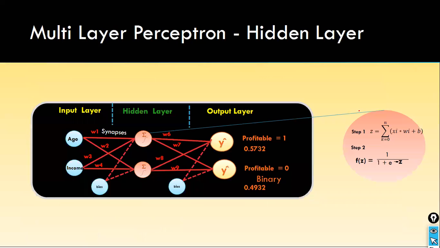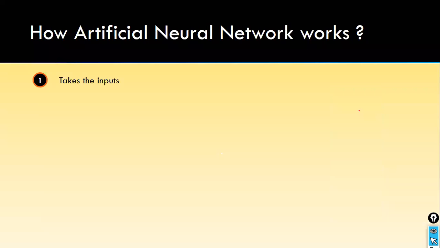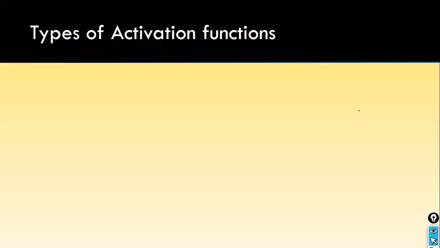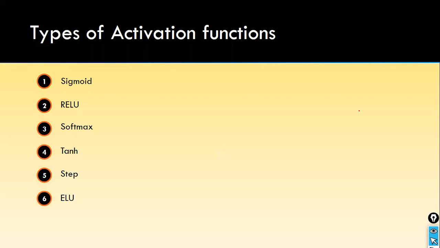Next, we will take a look at activation functions. What are the activations? Like we have seen the sigmoid function, there are a lot of activation functions available: sigmoid, ReLU, softmax, step, tanh, ELU, and leaky ELU.